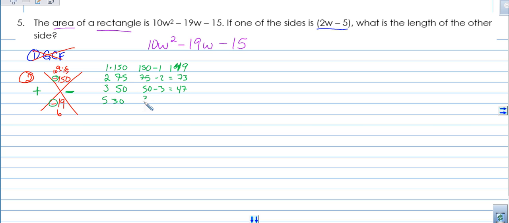So you do 30 minus 5 is 27. We're getting really close. 6 and 25. And so you do 25 minus 6, which is 19. So we found it. Yes. 6 and 25. And now our bigger number, like we said before, is going to be negative. So you put the 25 there, and the 6 there, and positive 6 times 25 is 150, and then 6 minus 25 is negative 19.